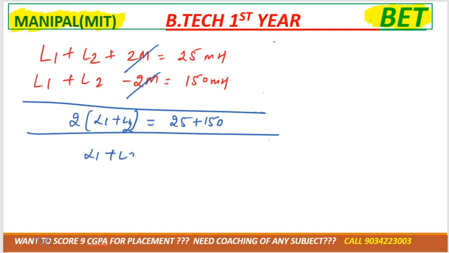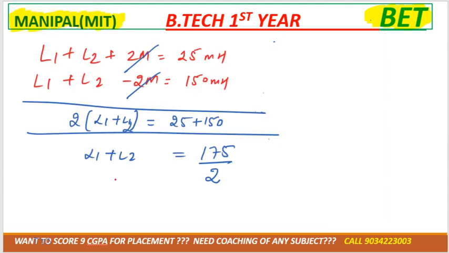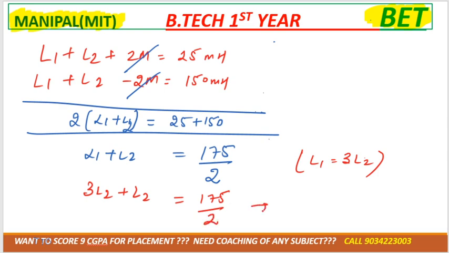So we'll get L1 plus L2 is equals to 175 divided by 2, and we'll have the third equation, L1 is equals to 3L2. So we can substitute it over here, that 3L2 plus L2 is equals to 175 by 2. Then we'll get L2. After solving, we'll get L1. We can substitute in any one of the equation, then we'll get M. Correct?